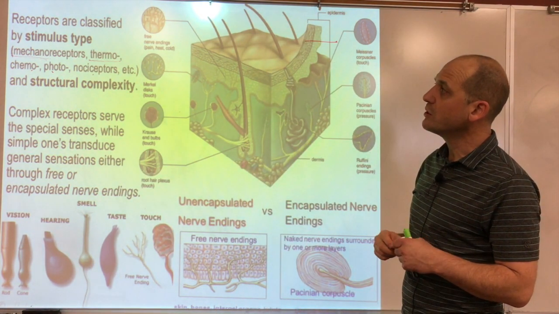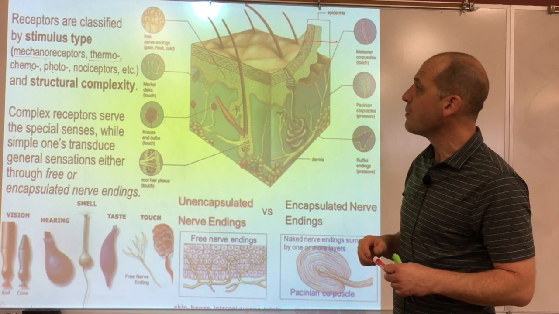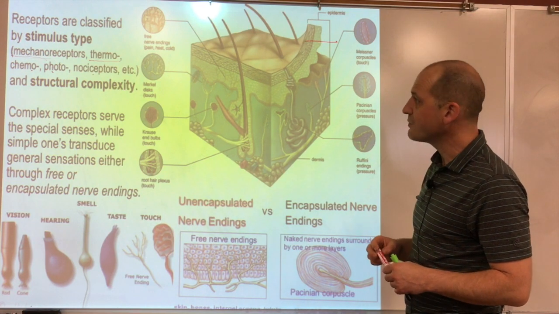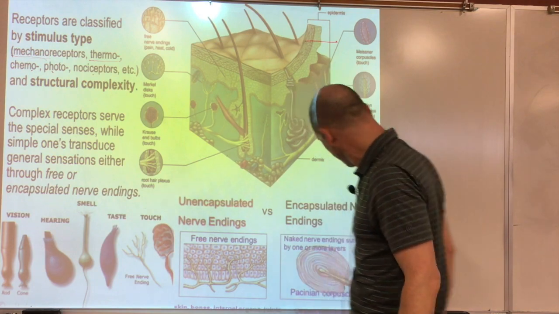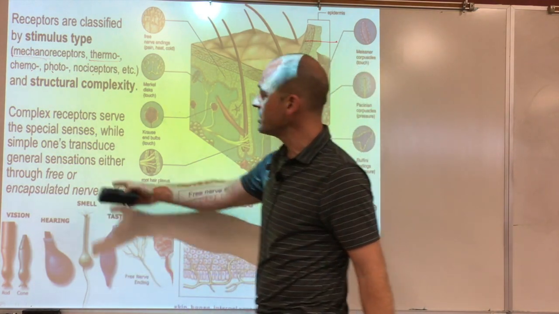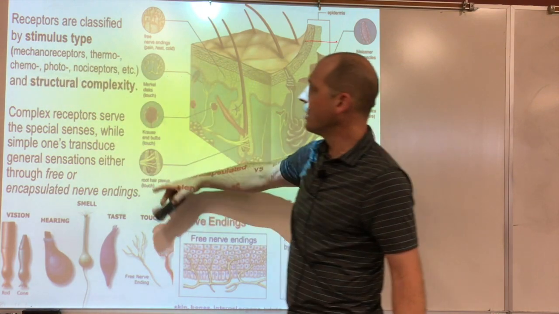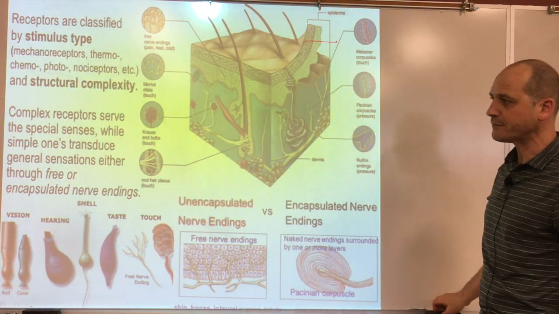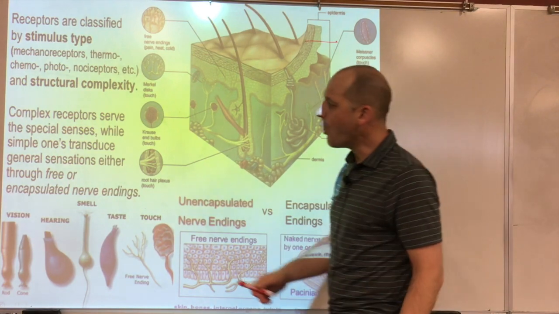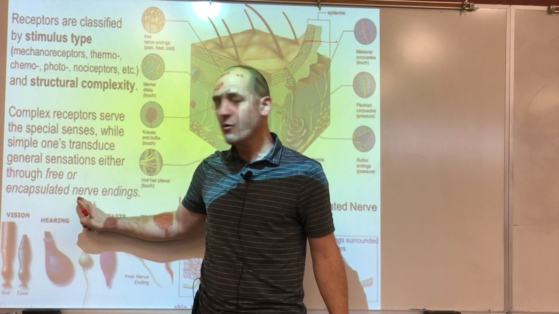Or we can also classify them by structural complexity. The complex receptors become the special senses, and the simple receptors are the ones that just transduce general sensations either through free or what we call encapsulated nerve endings.